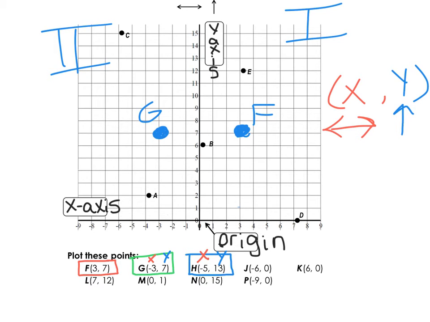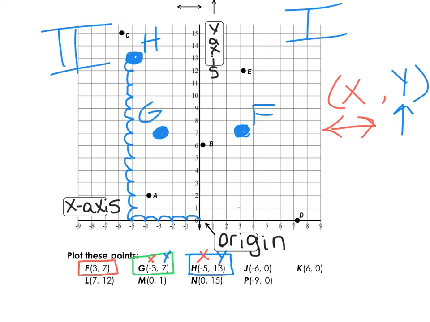We're going to go to the left 5 times. So 1, 2, 3, 4, 5. And we're going to go up 13. 1, 2, 3, 4, 5, 6, 7, 8, 9, 10, 11, 12, 13. We're going to plot a point right there, and we're going to call that H.